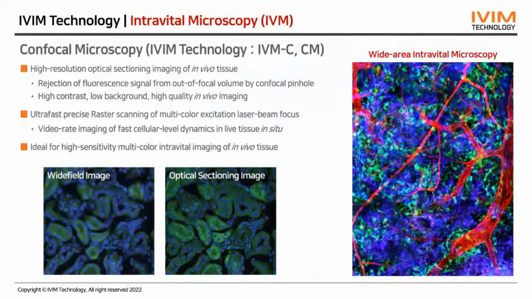The confocal system enables high-resolution optical sectioning with an ultra-fast frame rate by using a polygon scanner. Thereby, we can acquire high-quality real-time movies and multicolor intravital imaging of live tissue.